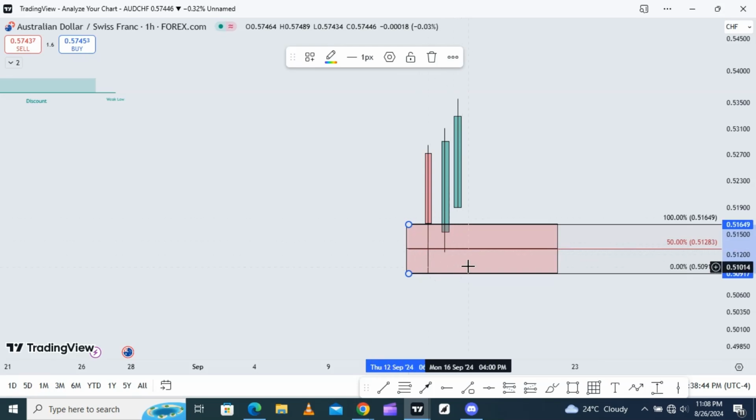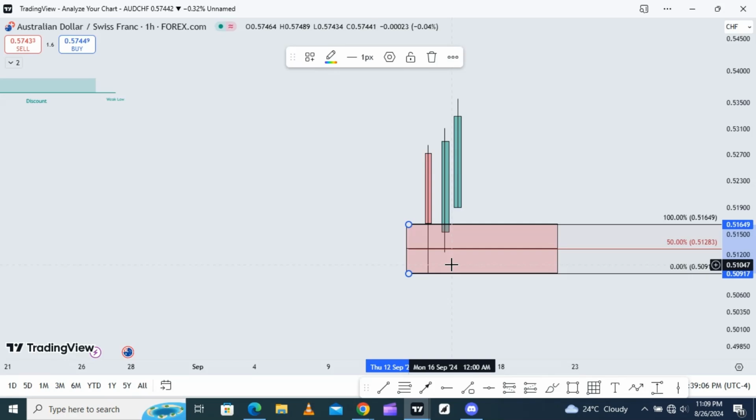So after the market reaches the 50% of the wick, especially on the daily when you have a bullish bias, you can measure it as a fair value gap, but you have to get clear confirmation, a clear setup before you enter into the market.